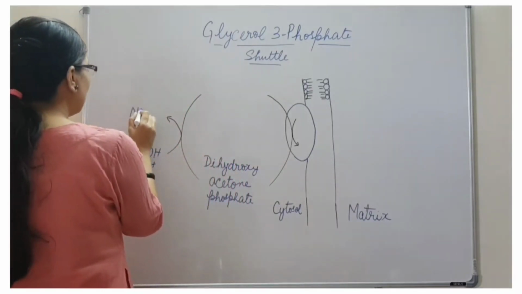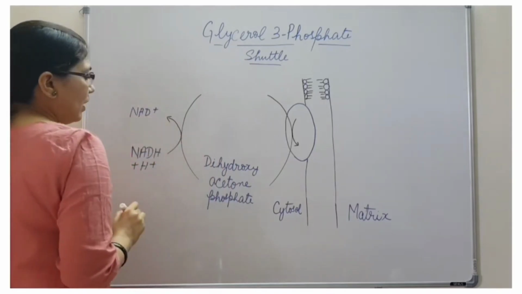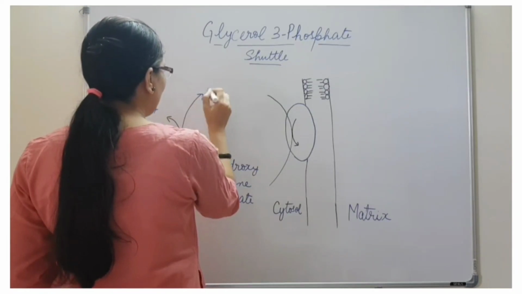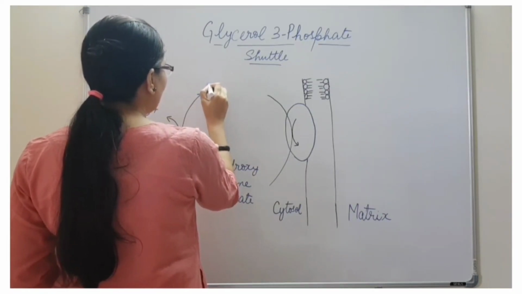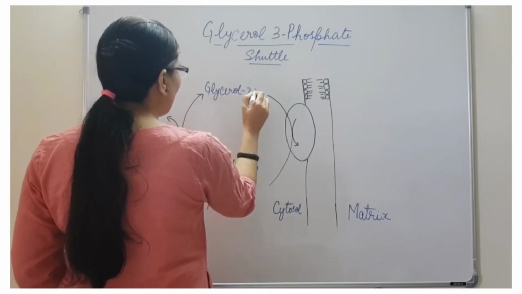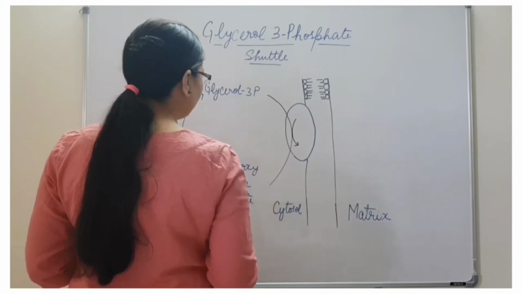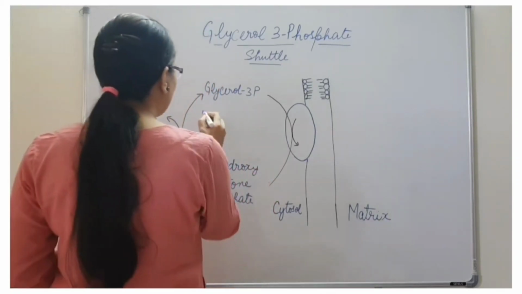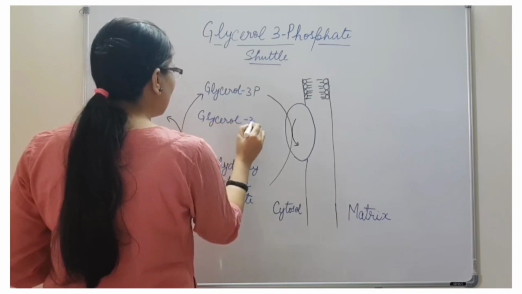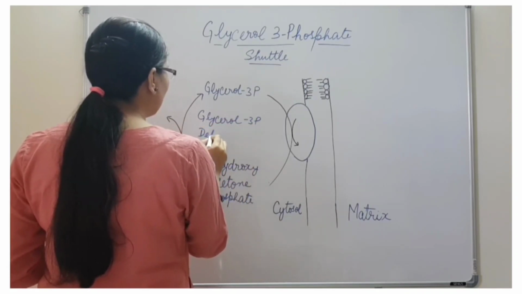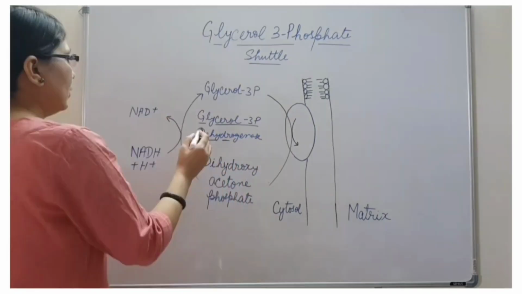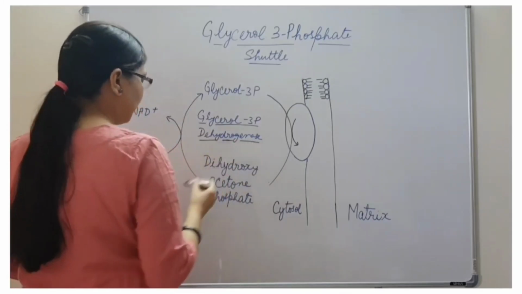NADH is oxidized to NAD plus and dihydroxyacetone phosphate is reduced to glycerol 3-phosphate. This is catalyzed by the enzyme glycerol 3-phosphate dehydrogenase. This is cytosolic enzyme.